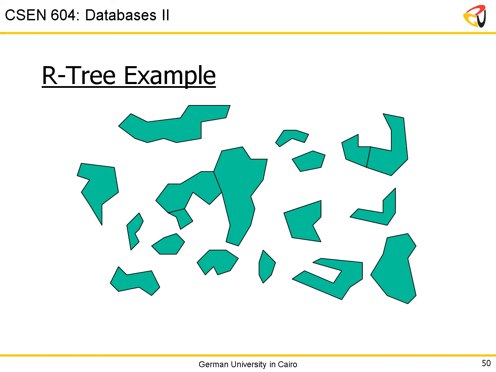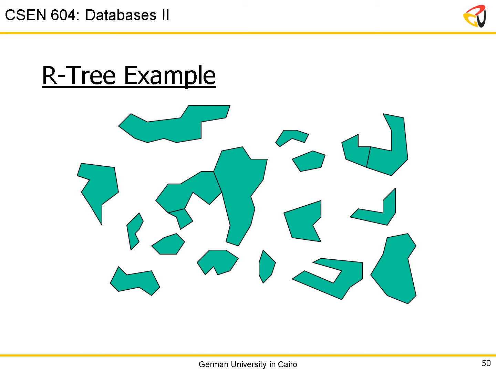Now, let me show you an example of constructing an R-tree from a given set of polygons, because this is the simplest way I can go about explaining it to show you what is this region business. Because we are working here with regions or bounding boxes basically, and that's why it's called an R-tree, as I mentioned before.